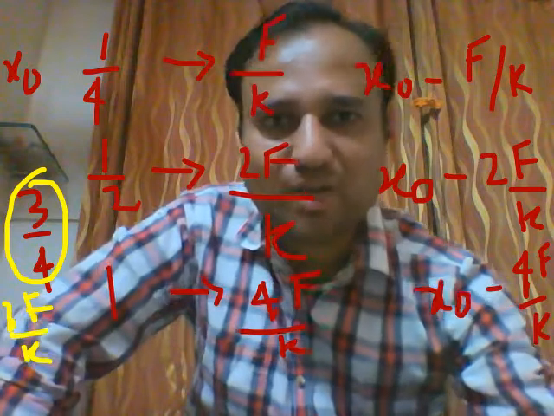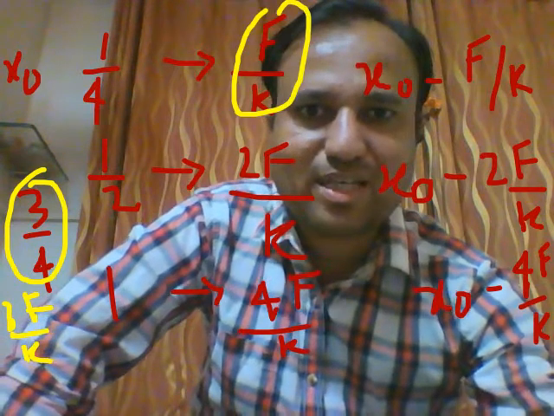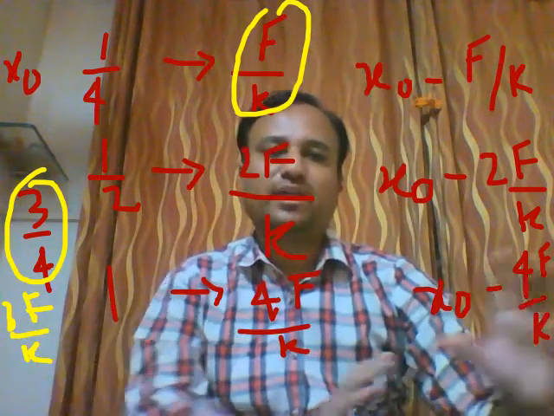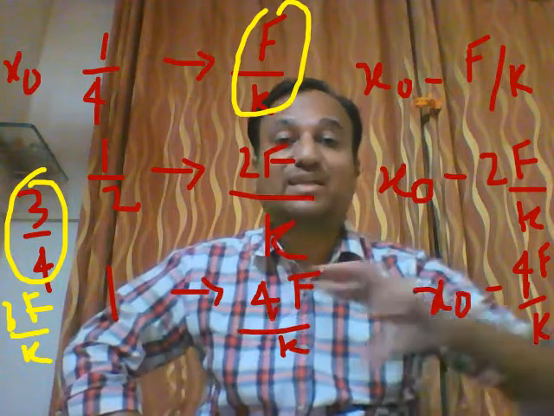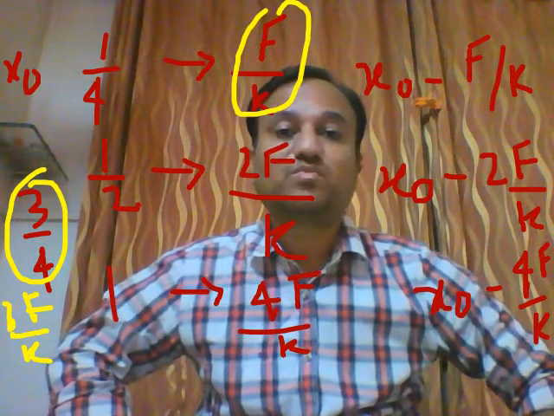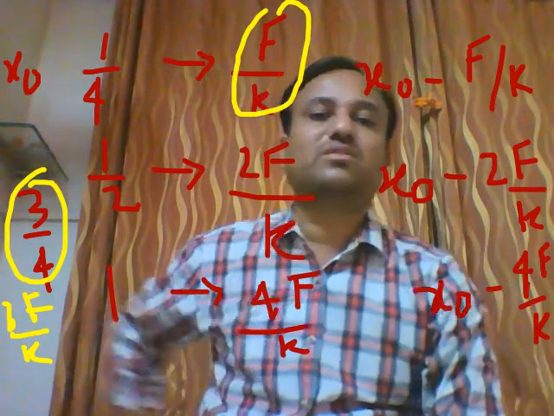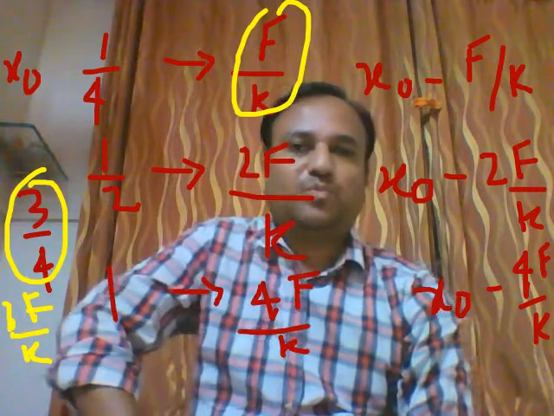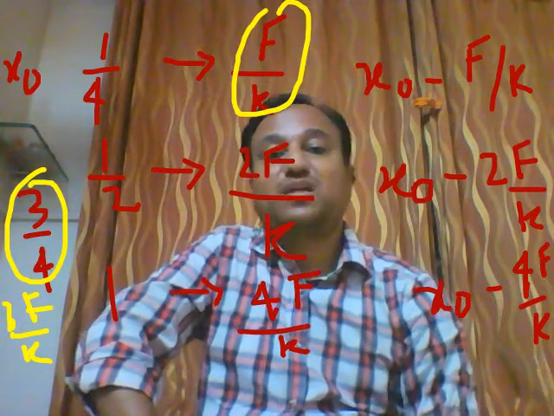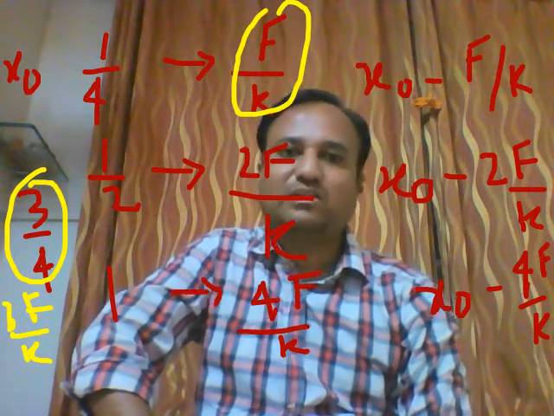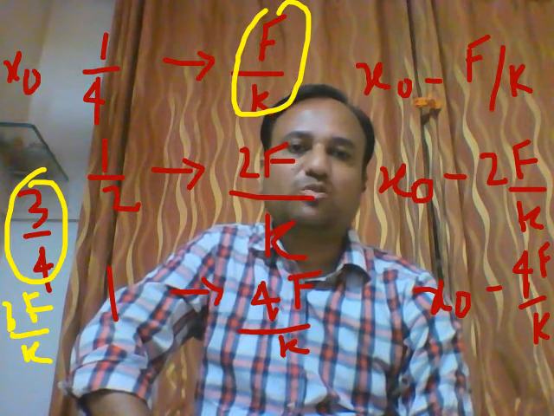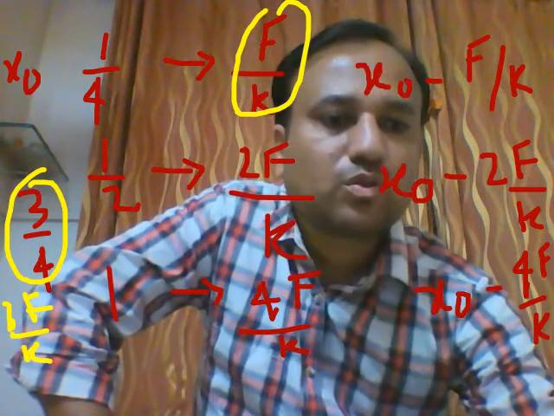So only remember, okay, in quarter cycle, decay in the amplitude is f by k. So this decay in the amplitude, student, is in arithmetic progression. So the difference between viscous damping and Coulomb damping we will discuss.